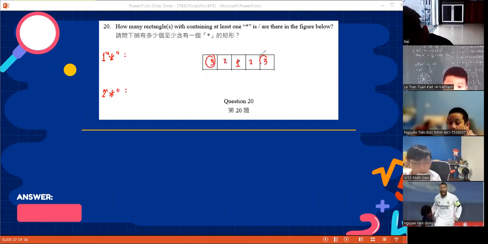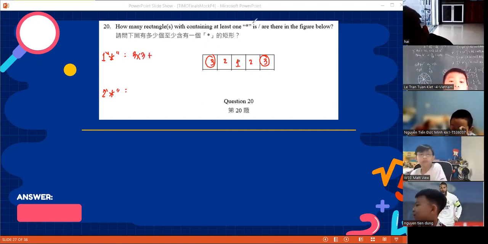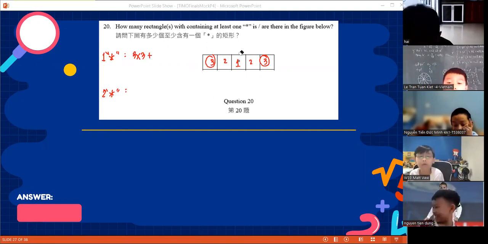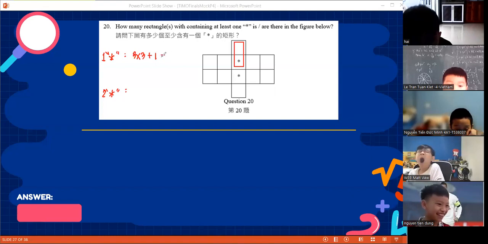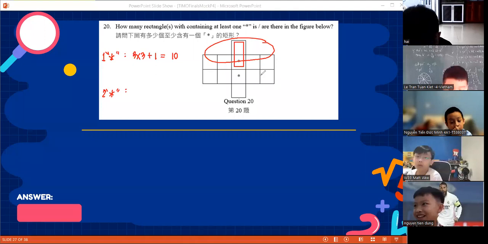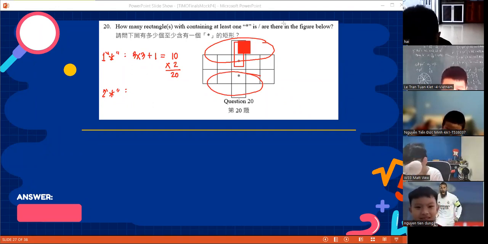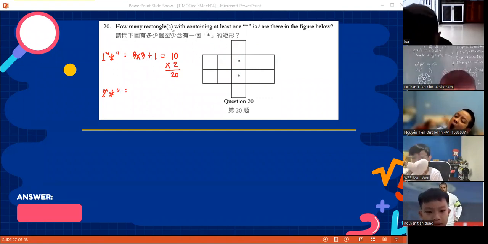So 3 times 3 plus the other one that we were able to form, which is this one. So that would be plus 1, which is equal to 10. Now, there are two of them, which is found here and here. So times 2, you'll get 20, right? That's already 20.